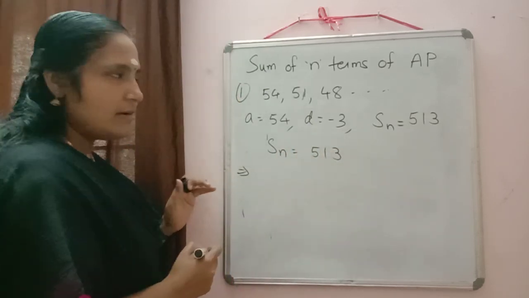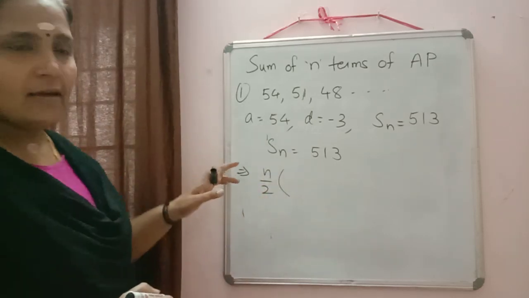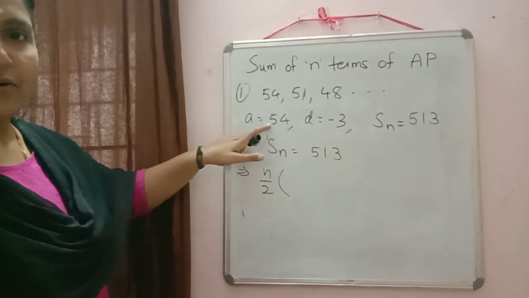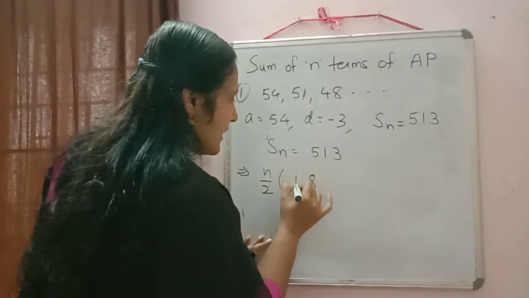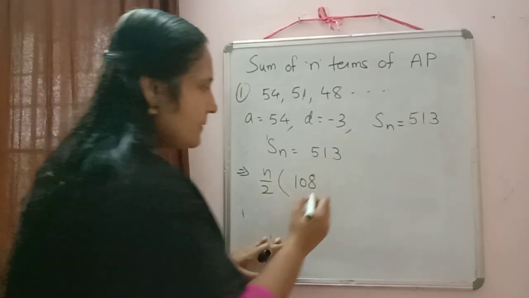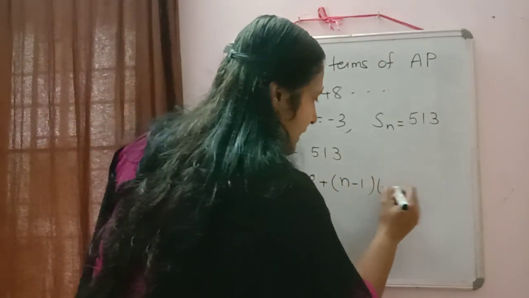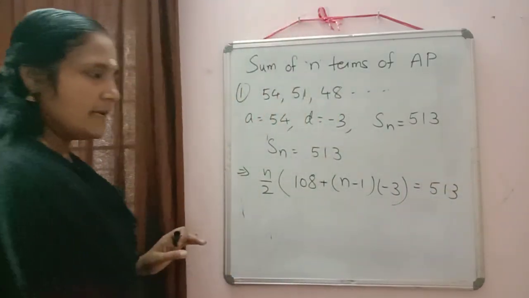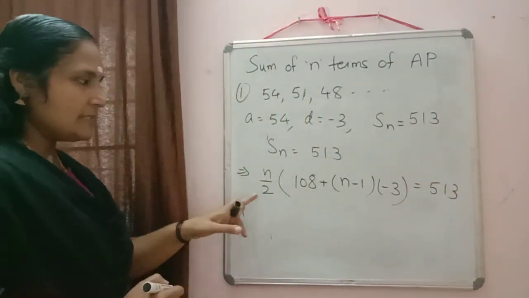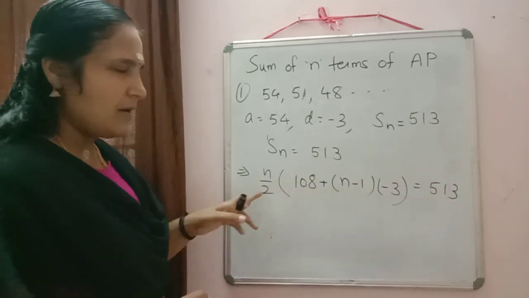Now we will substitute the values. n by 2 into 2a, so that will be 2 into 54, which is 108, plus n minus 1 into d, which is minus 3, equal to 513. Now we can shift this 2 to the right hand side, because otherwise it will not get cancelled.